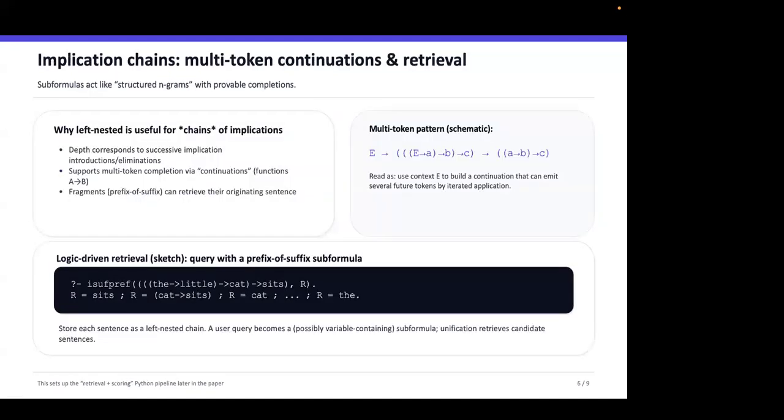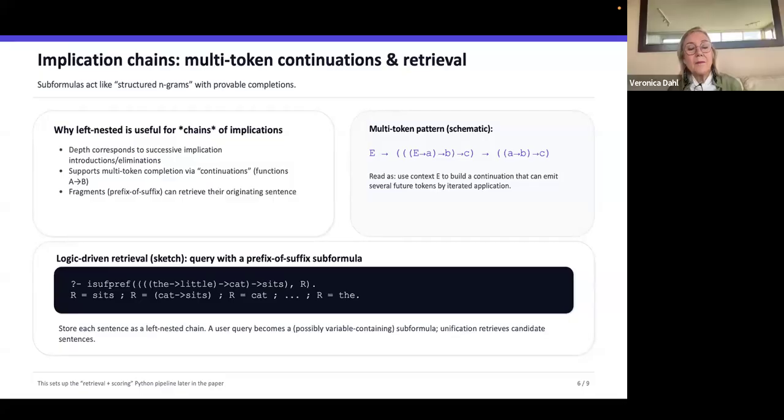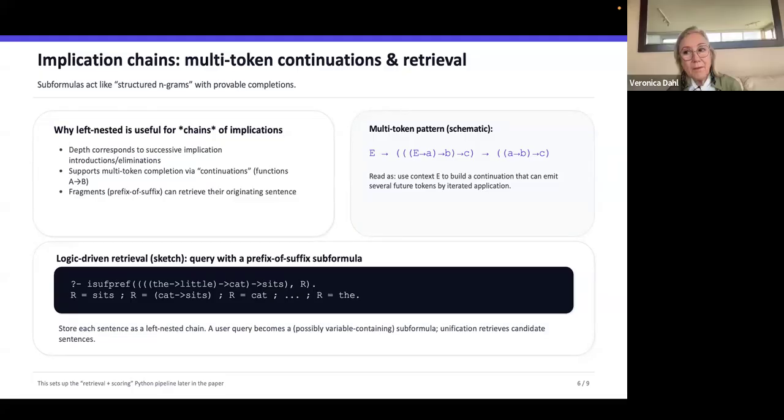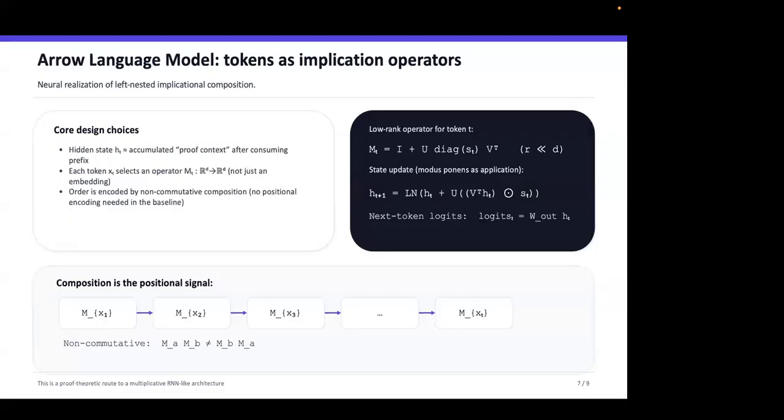Now, there are a few theorems that hang there in the paper that this also can explain multi-token prediction, and it can be actually used to make a system that can do information retrieval at relatively large scale.